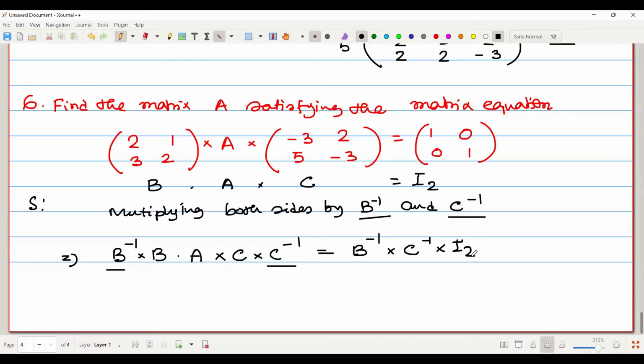So that one is becoming I2. So the left hand side is now only A, and the right hand side is now B inverse into C inverse. So from here, if we find the inverse of B and C, we can find out the value of A.